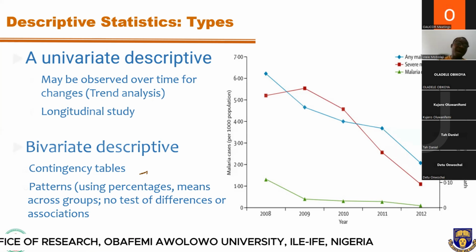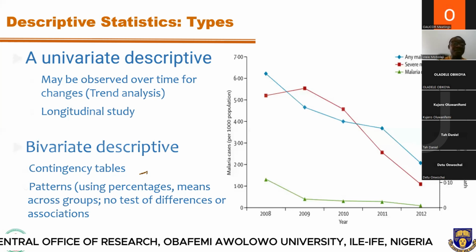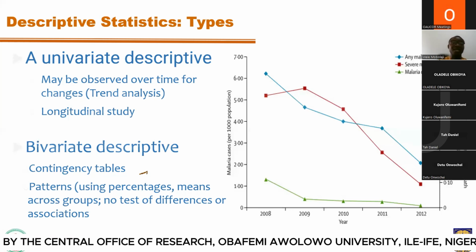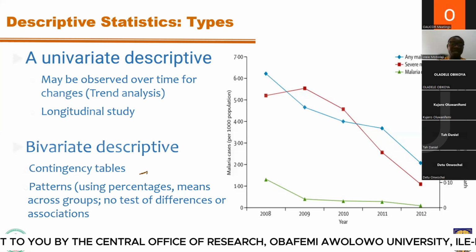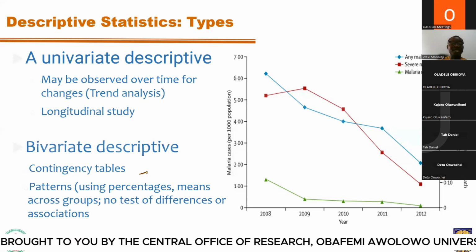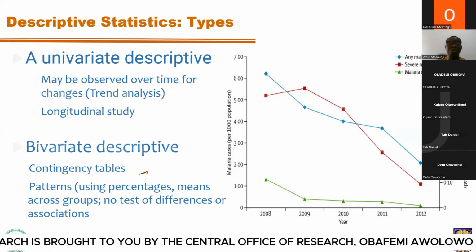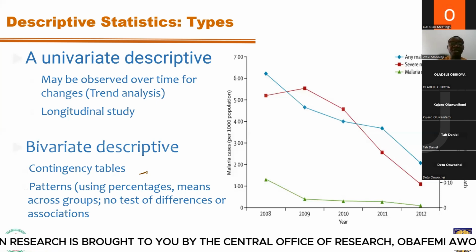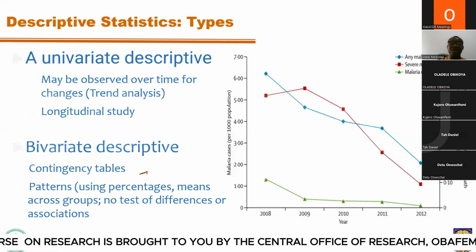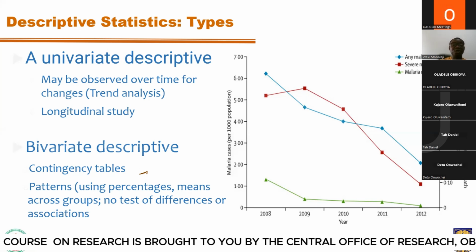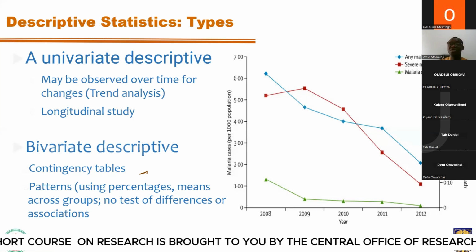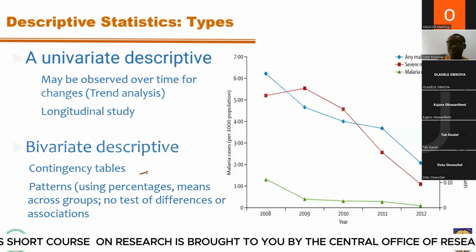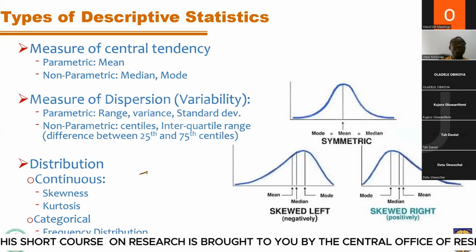For bivariate, you could look at a contingency table in a way, and with that, you are drawing some patterns. Use percentages, use means across groups. At this point, you are not testing differences, you are not testing associations, you just want to look at the patterns. So you could do this kind of analysis for your bivariate descriptive analysis.